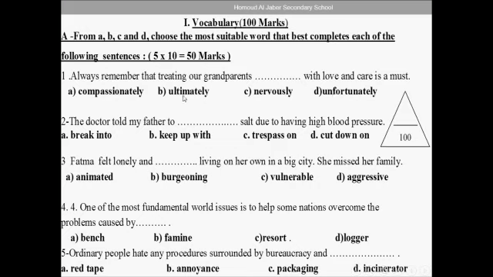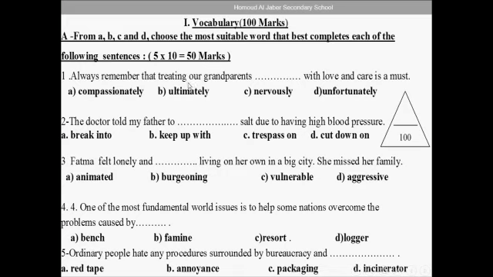Here you need to know the meaning of those 4 words. As we all know, compassionately means معناها برحمة أو بتعاطف. Ultimately معناها في النهاية. Nervously بعصبية. Unfortunately لسوء الحظ. Here you have to read the questions.